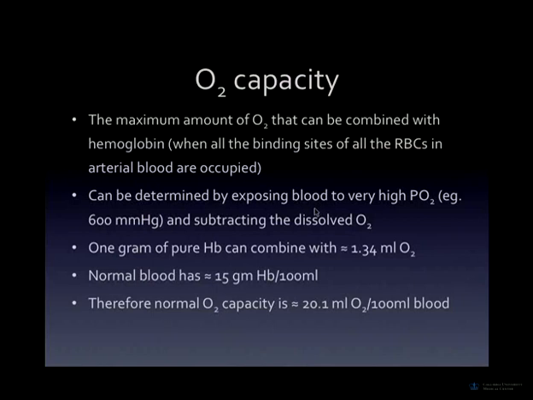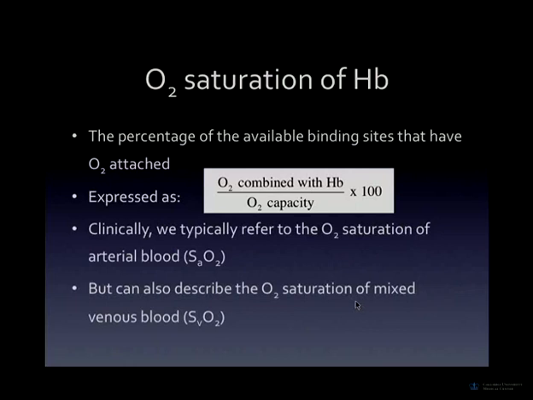We're not going to worry about that right now. Just know that 1 gram of pure hemoglobin can combine with 1.34 milliliters of oxygen, and for a normal person with normal hemoglobin concentration of 15 grams per deciliter, normal oxygen capacity of this hemoglobin is about 20 milliliters of oxygen per deciliter of blood.